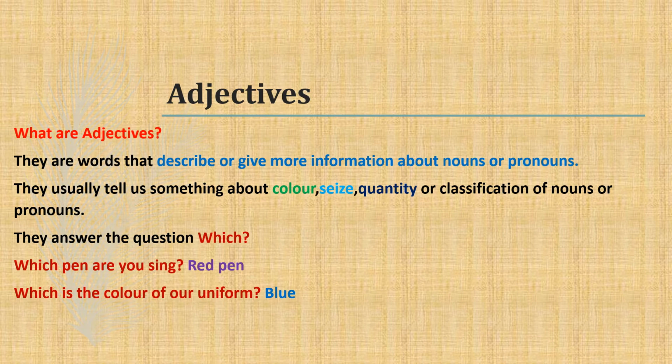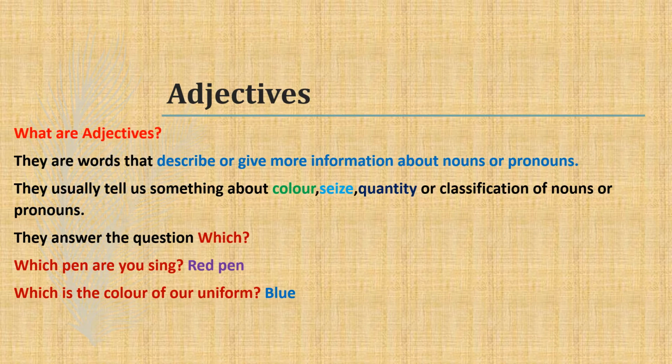What are adjectives? Adjectives can be described as words that describe or give more information about nouns or pronouns. And we already know from our Form 1 lesson that nouns are naming words.